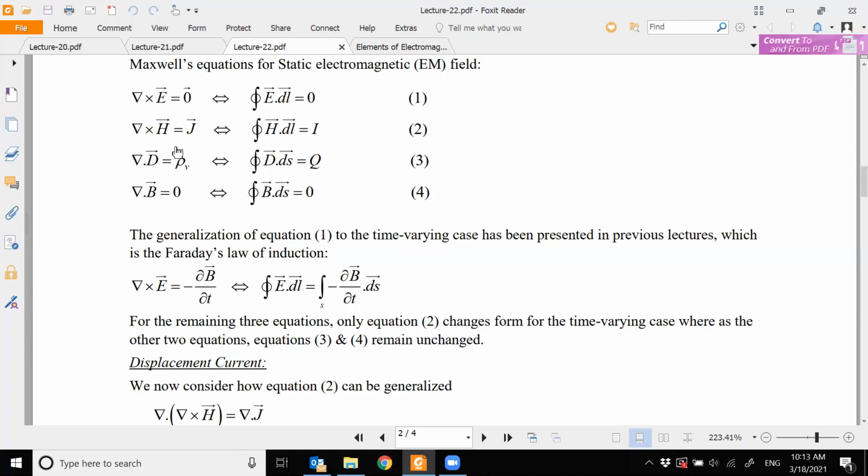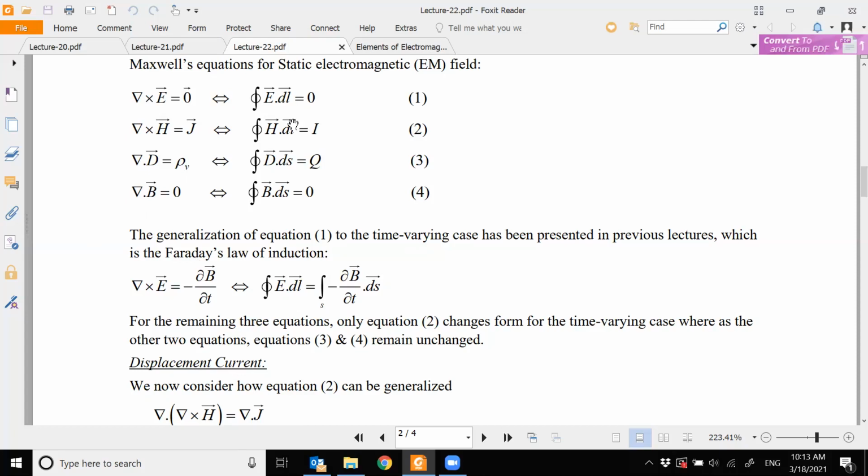So these two equations are okay, we don't touch them. This equation we have just now generalized to incorporate both time varying as well as time independent fields. Now the second equation, we need to fix it.